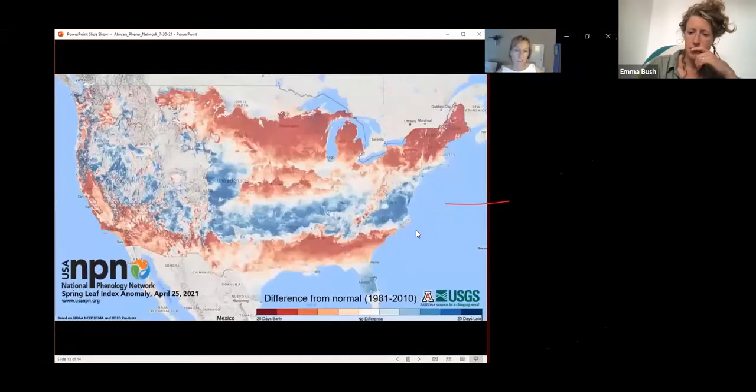Another thing that we've learned is that to not just make those raw data available, but also more derivative products is very important for engaging the news media and casting a wider net for the messages. So for example, this map product is indicating whether the start of spring phenology is occurring earlier or later across the country. This is from this past spring in 2021.